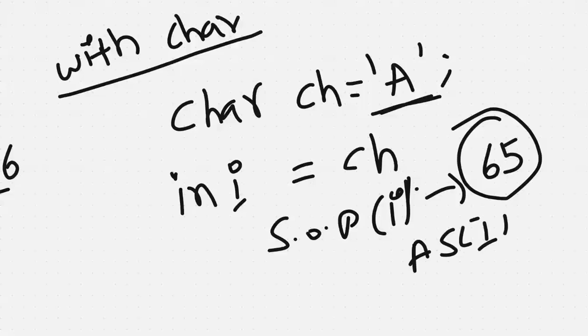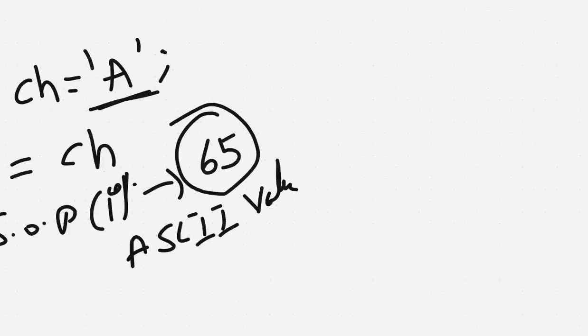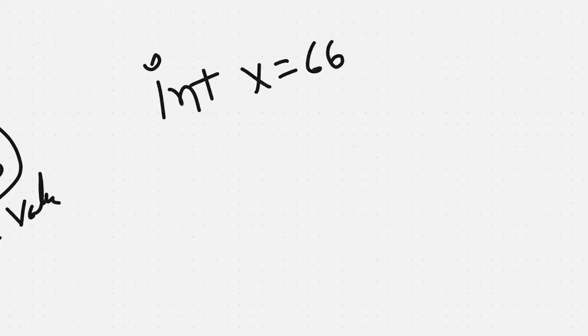ASCII value. So this is the ASCII value. This is done by char to integer type conversions. For example, int x equal to 65 or 66.